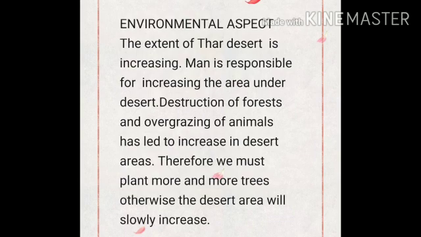When too much grass is eaten by animals, they damage the land. So the three things, very little rainfall, cutting down of trees and overgrazing, have increased the spread of desert areas. So we must plant more and more trees, otherwise the desert area will slowly increase and the fertile areas of nearby states may also turn into deserts.